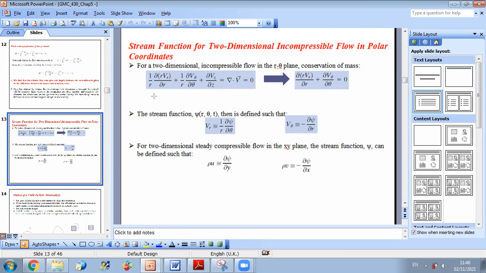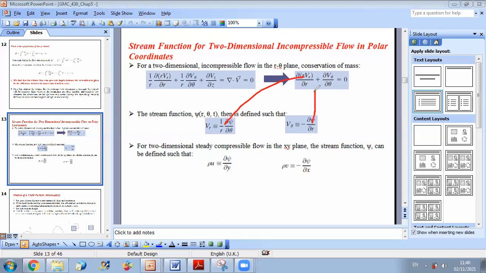And from here you can define the stream function psi in the r theta plane in a way that Vr is 1 over r del psi by del theta, and V theta is minus del psi by del r. If you define psi in this way and replace back into the continuity equation, you will verify it.